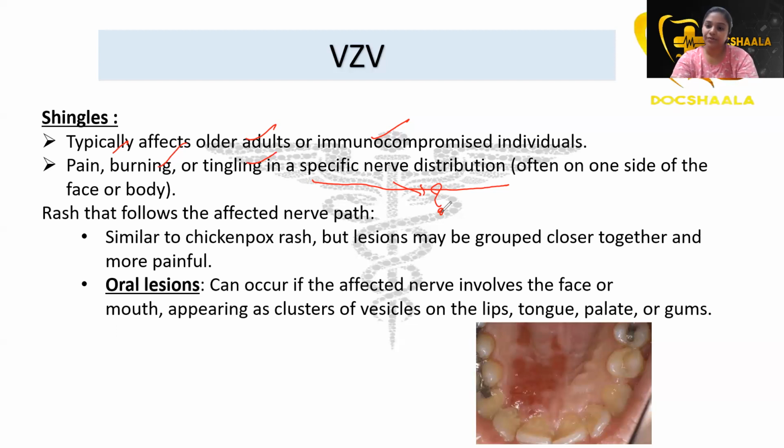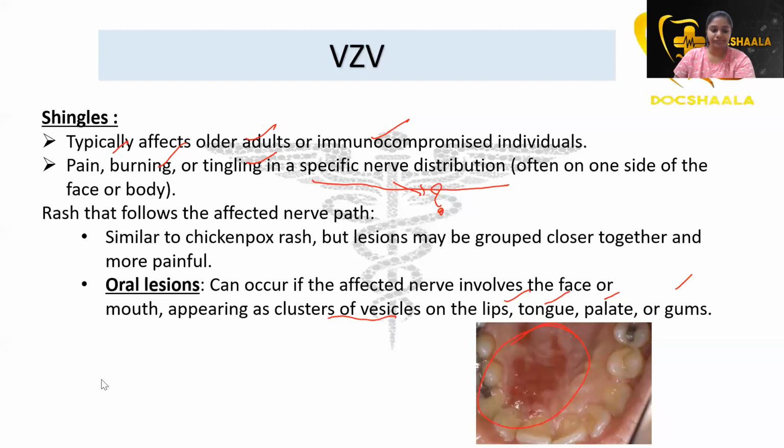Okay, this rash will be similar to chickenpox, but the lesions will be grouped. The oral lesions occur if the affected nerve involves the face or mouth. They appear as clusters of vesicles on the lips, tongue, palate, or gums. So you can see the cluster of vesicles in the image here, right?